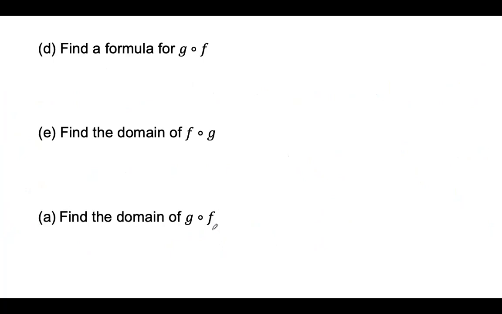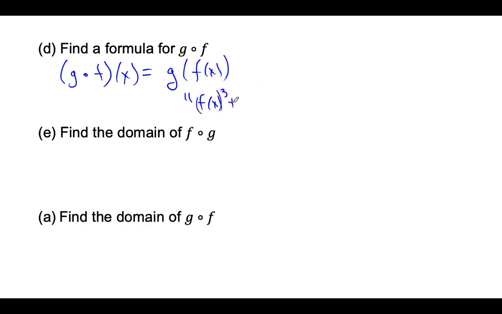And g of x is this. So let's find a formula for the composite G composite F. So the reverse. So G of F of X. So this is the same as having F of X to the power 3 plus 2.